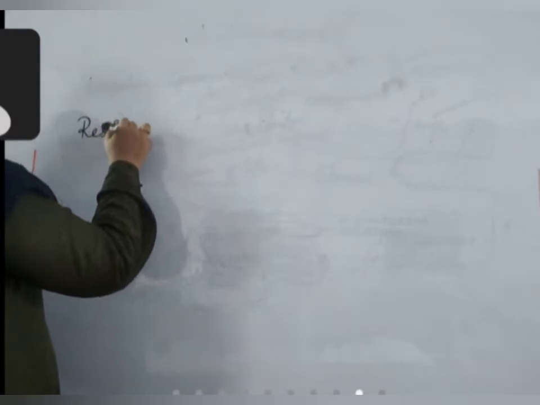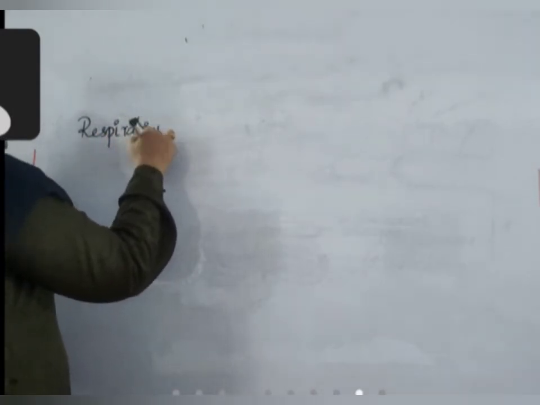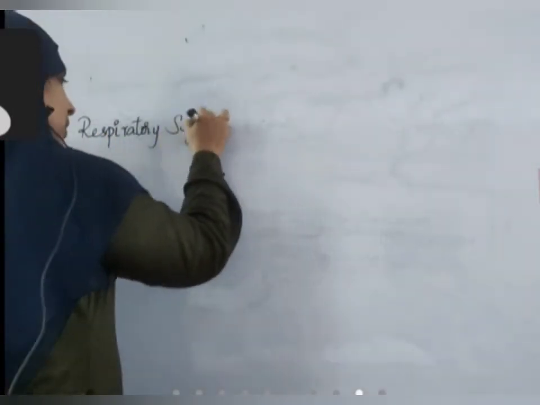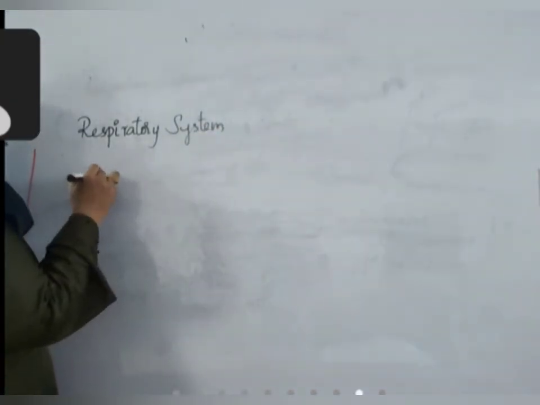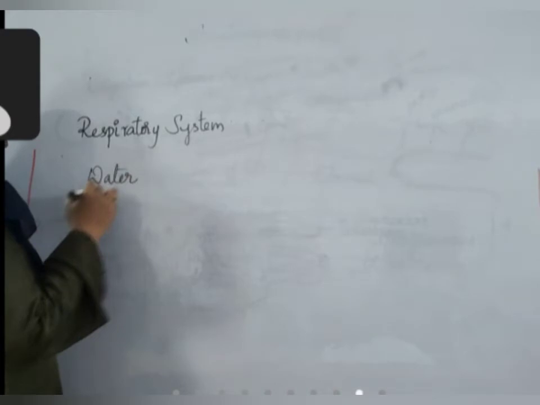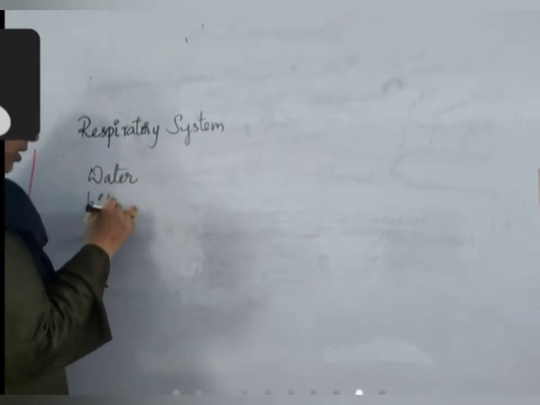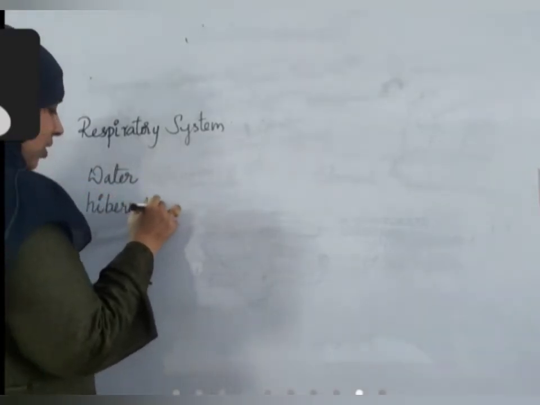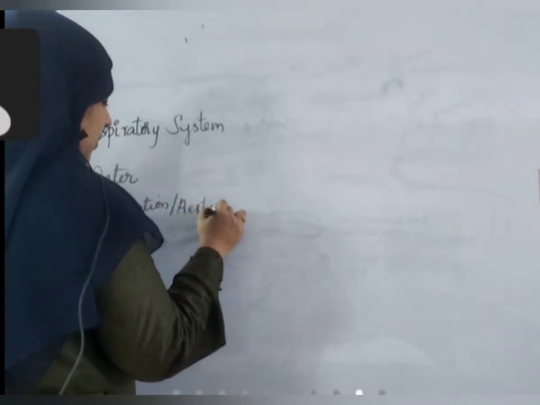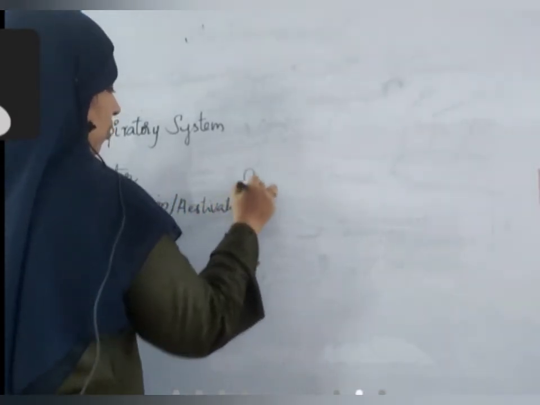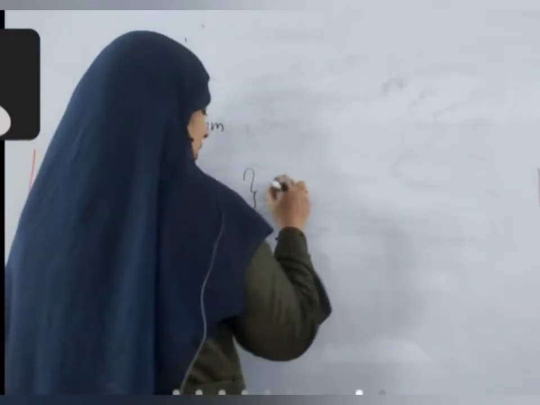Respiration in frogs. Respiratory system. In frog, when it is in water, when it is undergoing hibernation or estivation, respiration occurs through moist skin.